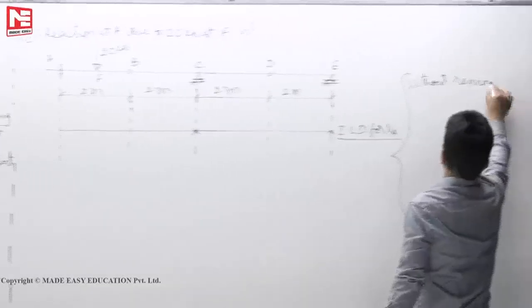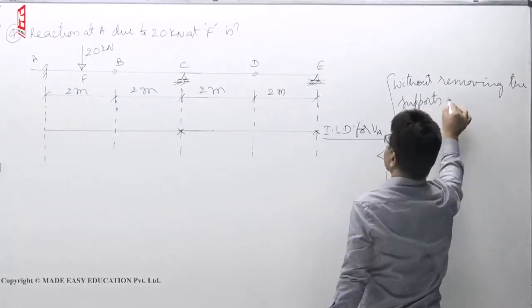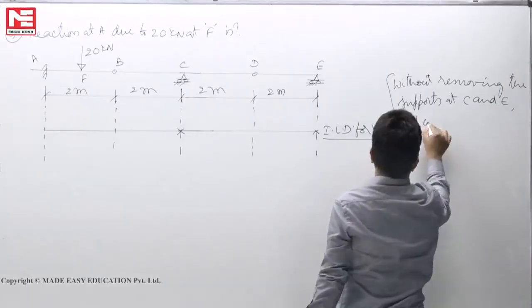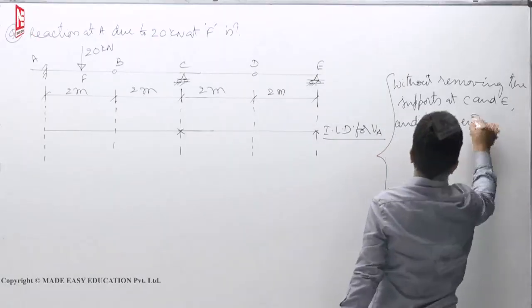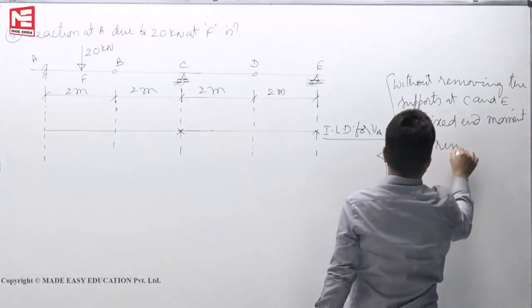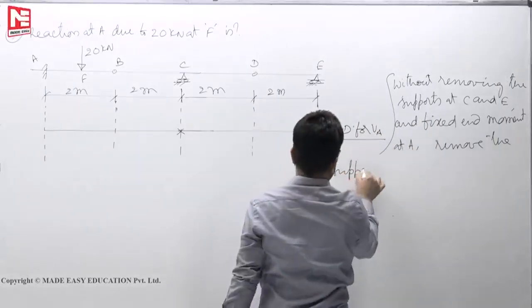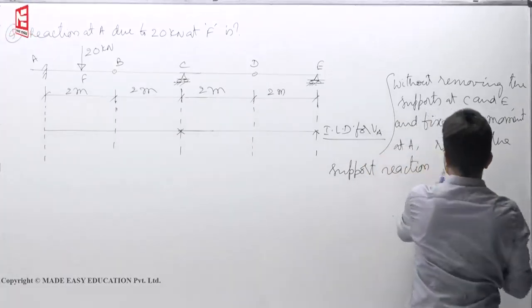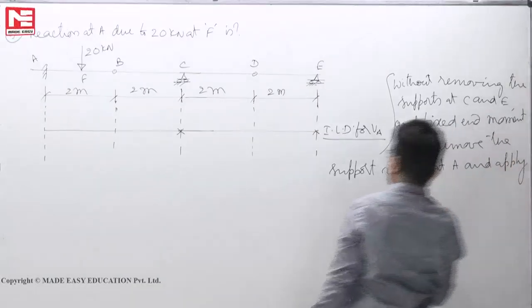Without removing the supports at C and E and fixed end moment at A, remove the support reaction VA, or simply support reaction at A, and apply unit displacement.